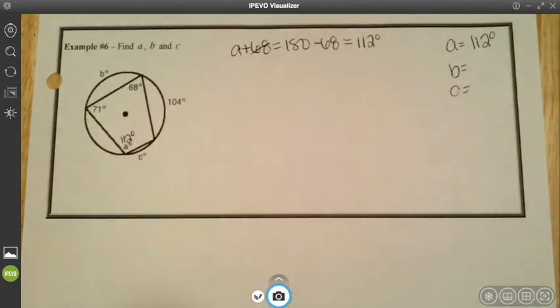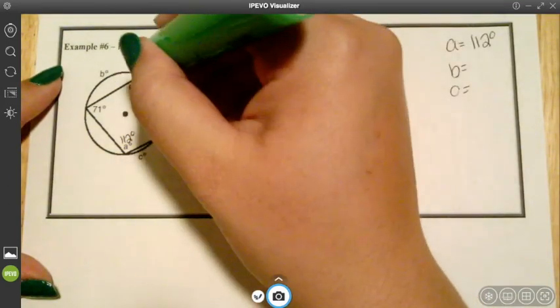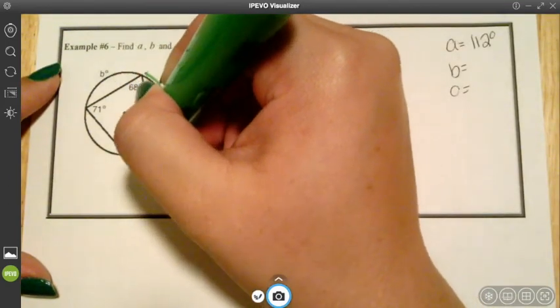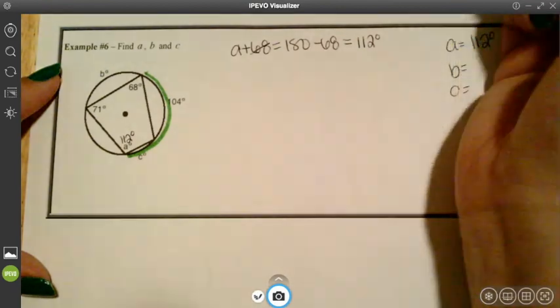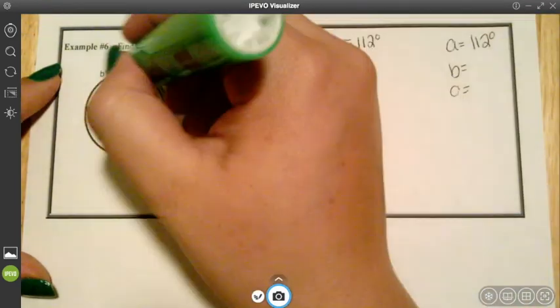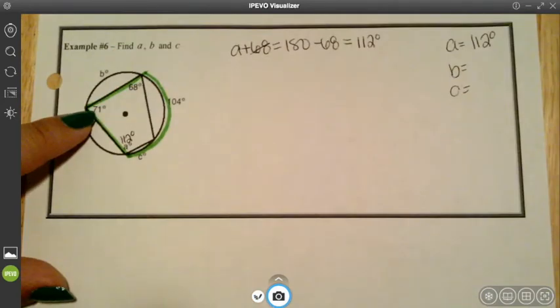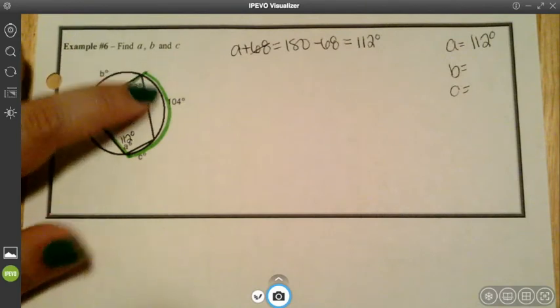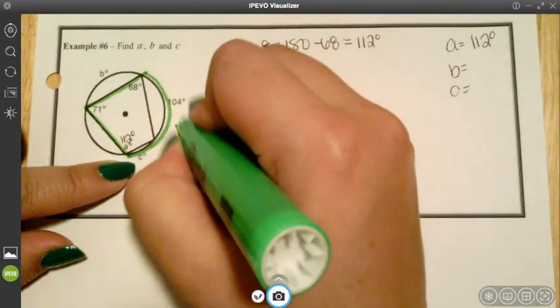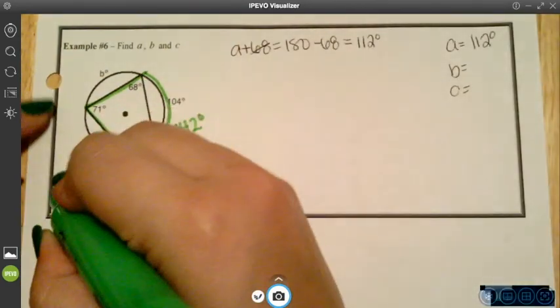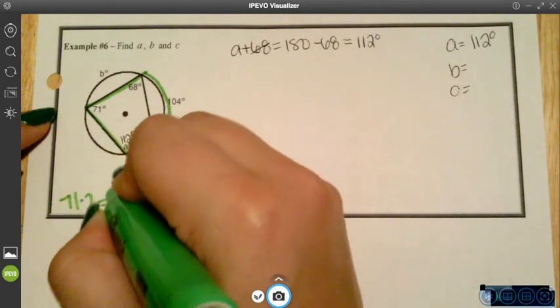And then again, using colors, I'll use different colors this time. I have the given arc is 104, but I don't have an angle until I get to the end of including arc C. My inscribed angle is 71, which means double that for the arc length to get 142 degrees. 71 times 2 is 142.